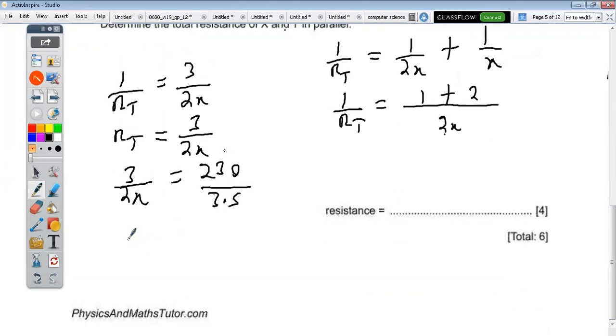So we get what? 3 times 3.5. You get 10.5. 2X times that, isn't that 460? Then X is going to be 10.5 over 460.